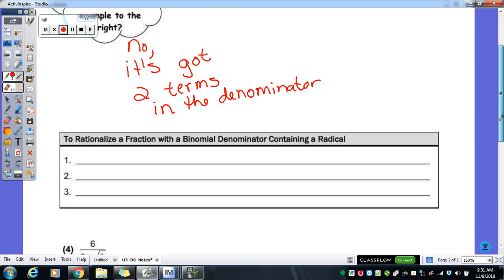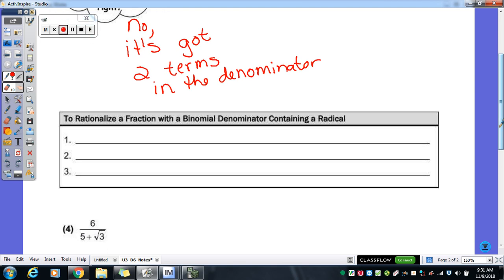So to rationalize a fraction with a binomial denominator, so that means we got 2 terms in the denominator, first thing you have to do is determine its conjugate.